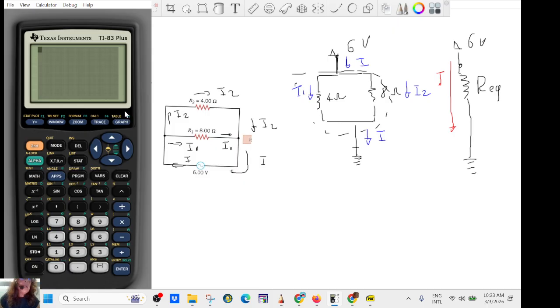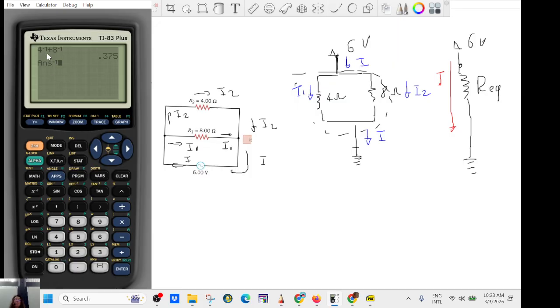So what you do, you take your TI, so do it with me. You do 4 to the minus 1, plus 8 to the minus 1. You go enter, and then you do to the minus 1 again.